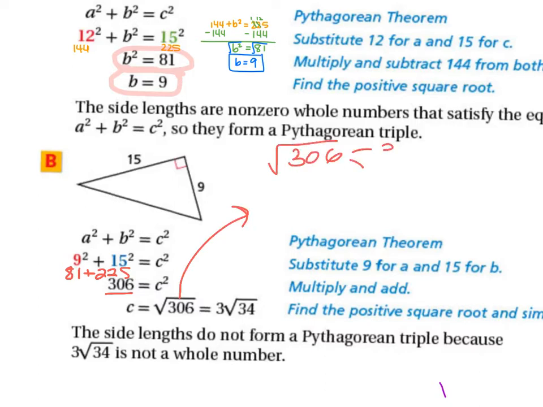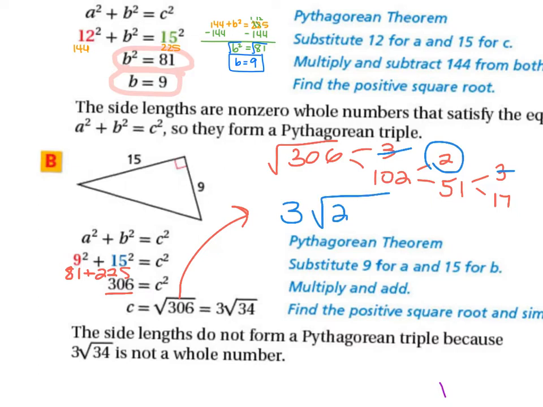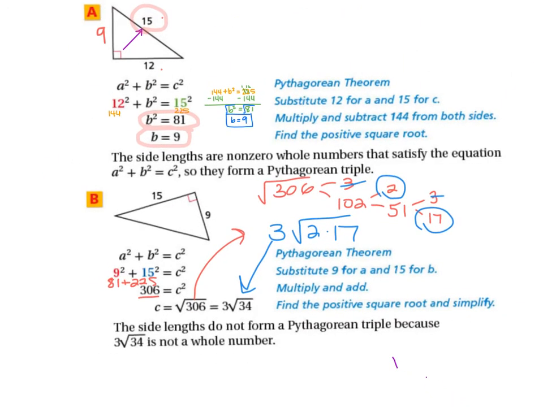So it would be 3 and 102, which is 2, 51, which is 3, and 17. So then from here, there's 2 3s. A 3 goes to the outside. A single 2 stays underneath. And a 17 stays underneath. And that leads us to 3 root 34. Because that's not a whole number, this is not a Pythagorean triple.